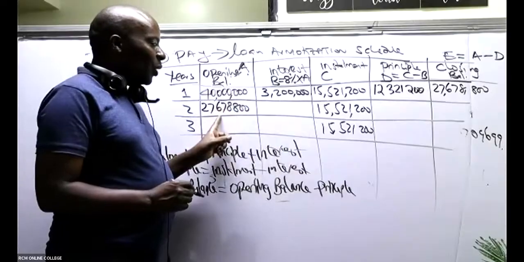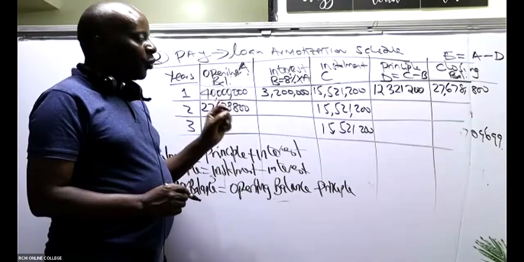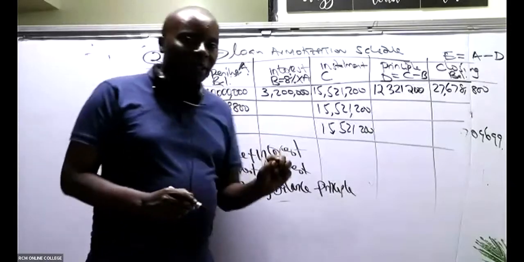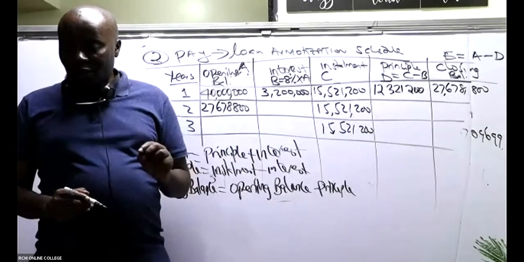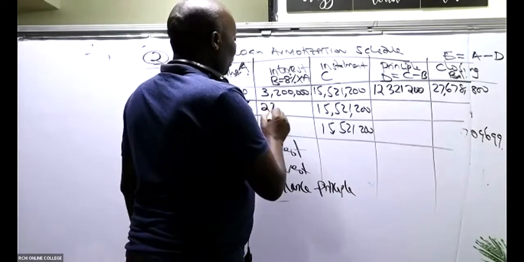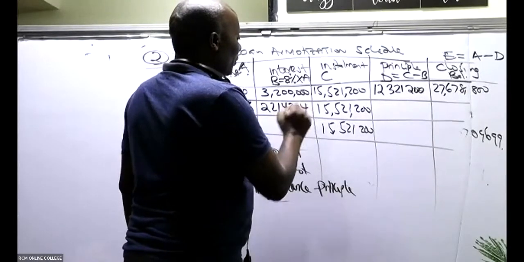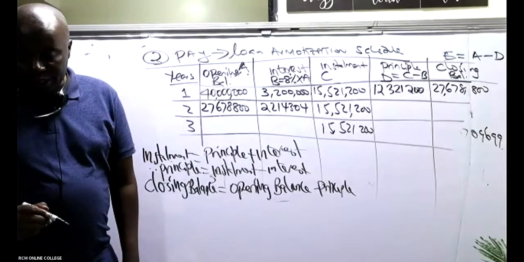So you take this one times 8%, because always interest will be levied on the opening balance. Thank you very much, Bivlin. Yeah, so 2,214,304. All right. Thank you so much.